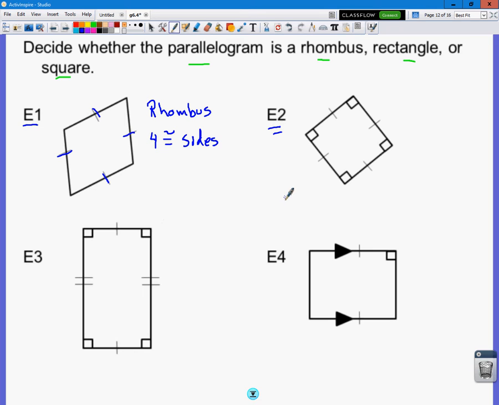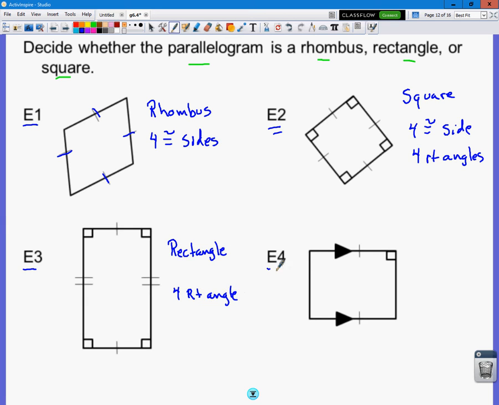What is example 2? It's a square. How do we know? It has 4 congruent sides, and it also has what? 4 right angles. Example 3. It is a rectangle. It has 4 right angles.